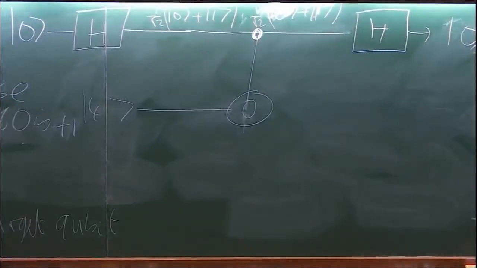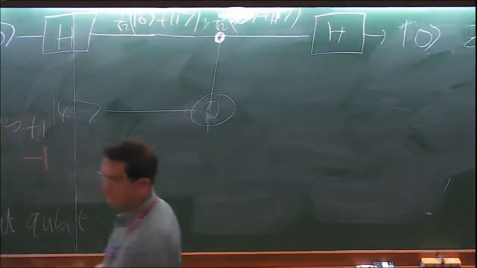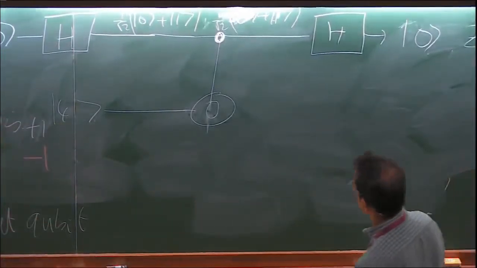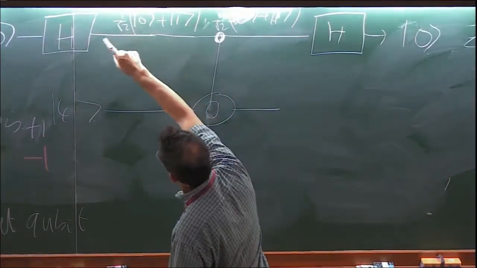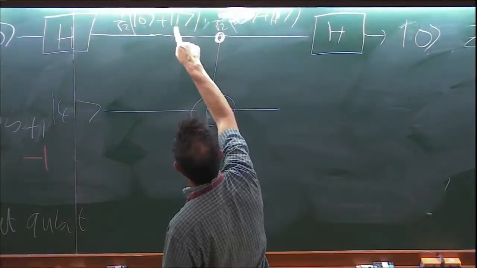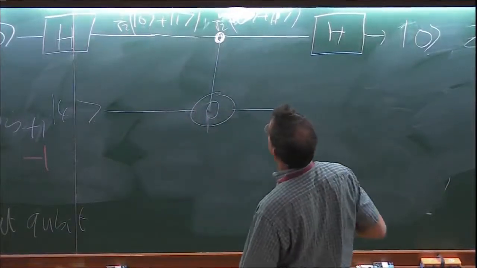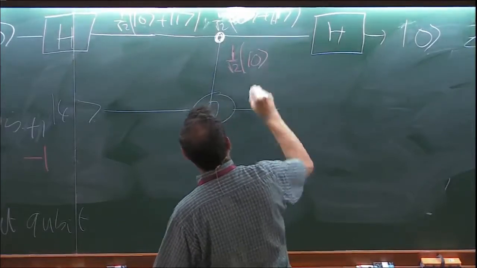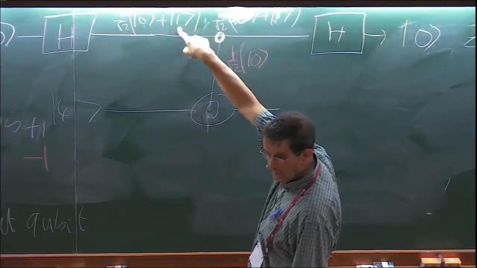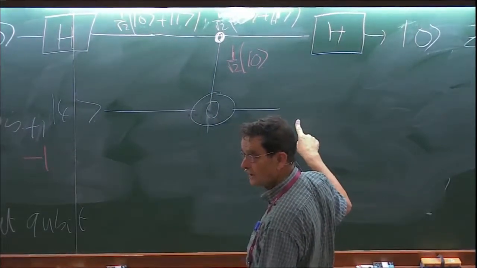So now I'm going to use a different color to indicate, supposing now the eigenvalue of O is -1. The state here is still the same, Hadamard 0, 0 plus 1. Now, for the 0 piece, we do nothing. So coming out of here, it'd be 1 over root 2 times 0. But the bit of the linear combination corresponding to 1, we act with O, which changes the sign, because the eigenvalue is minus 1.